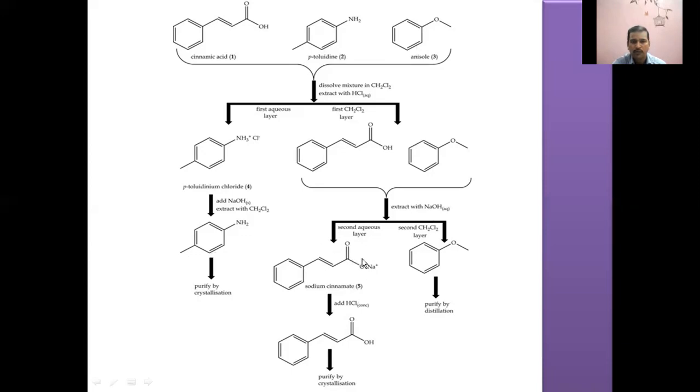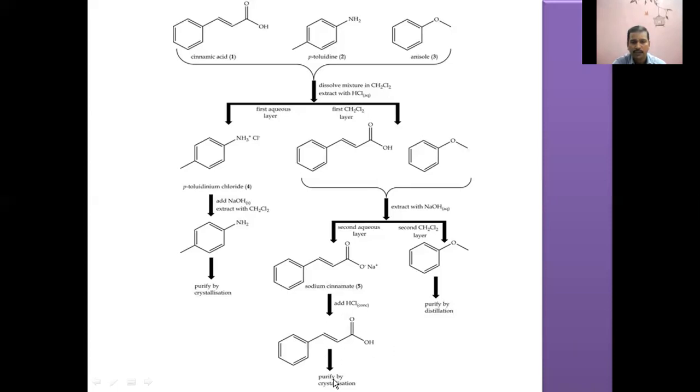Sodium cinnamate is soluble in the aqueous layer, insoluble in dichloromethane. So the aqueous layer is containing now the excess of NaOH and sodium cinnamate. You neutralize this excess of NaOH by the addition of HCl. Then HCl will also convert the sodium cinnamate back to cinnamic acid.